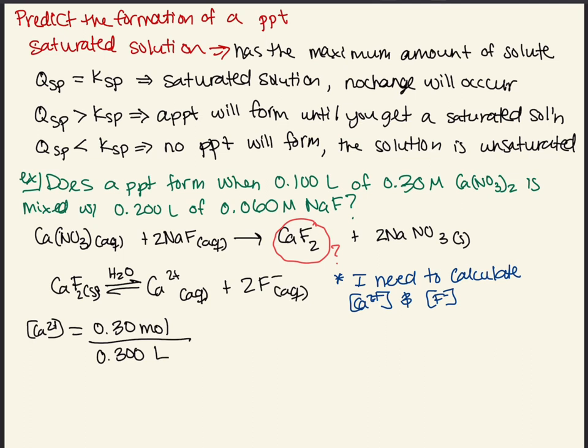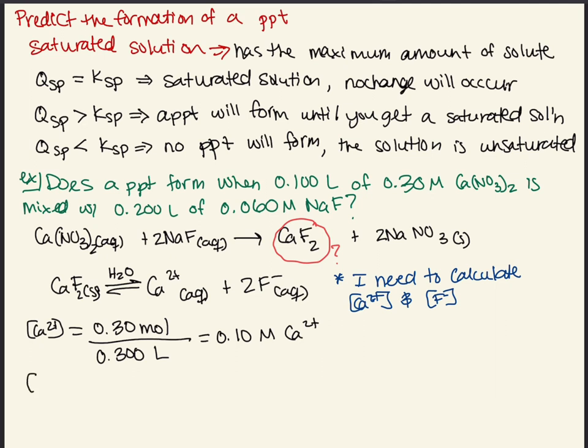Remember, I had 0.1 liter of the calcium nitrate solution and 0.2 liters of the sodium fluoride solution. So I'll have a total of 0.3 liters. So this will give me 0.1 molar calcium, because in every 1 mole of calcium nitrate, I have 1 mole of calcium.